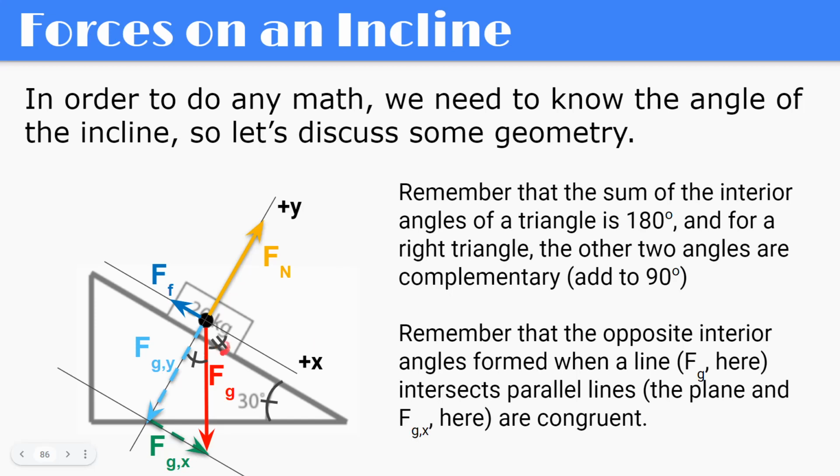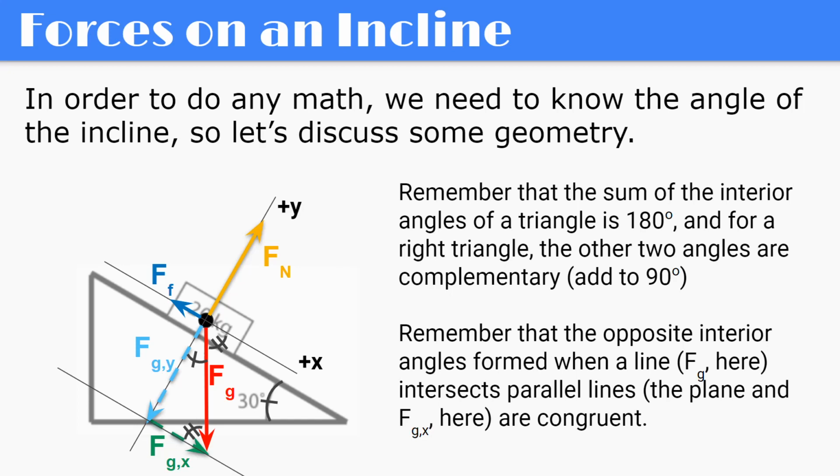This angle here, which I don't really need for anything, would be equal to this angle here, because remember, the opposite interior angles formed when a line intersects parallel lines are congruent. Y'all remember that from your geometry class as well? There are a couple different ways you can get there, but you should be able to figure out that missing angle. Whatever way works for you is fine, but you need to use some geometry here.